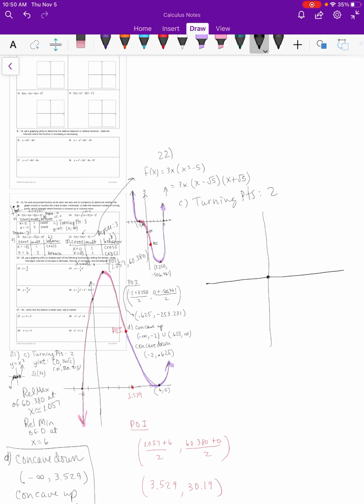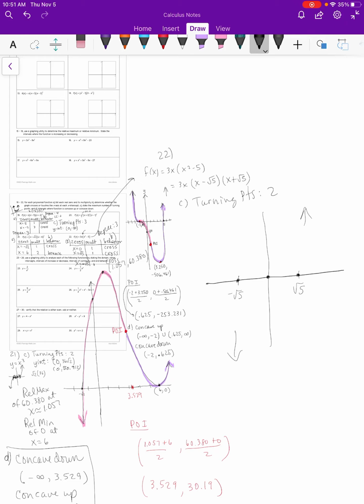Well, this is your negative square root of 5. That's your positive square root of 5. It's symmetrical. It has a positive lead coefficient, so it's going to go, I forgot to put those zeros in. It's going to go up on this side and down on that one, because it's odd with a positive lead coefficient.